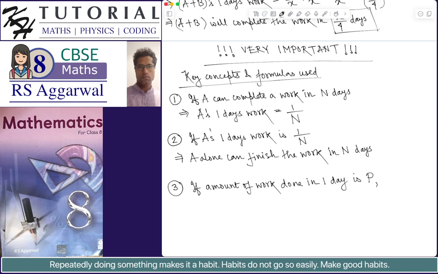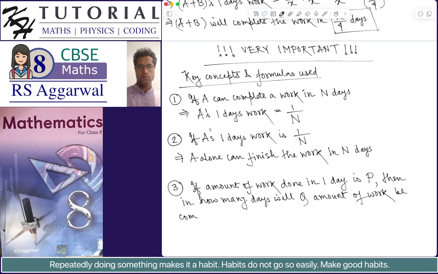then in how many days will Q amount of work be completed.